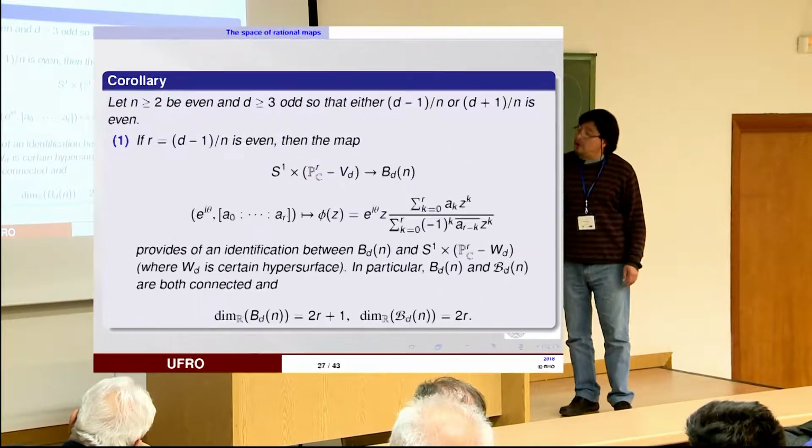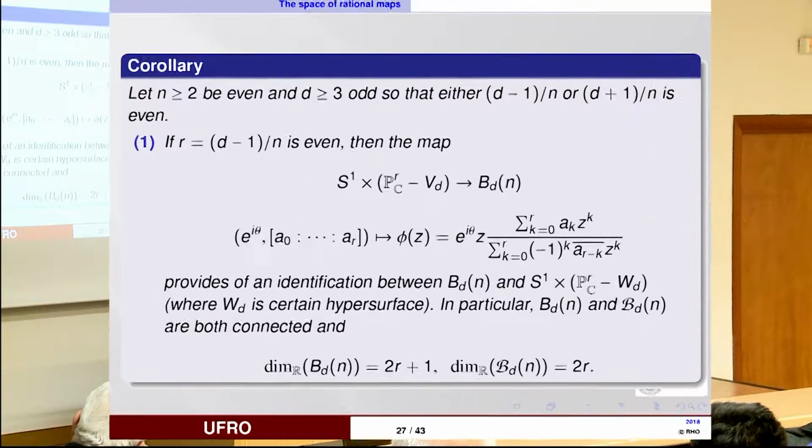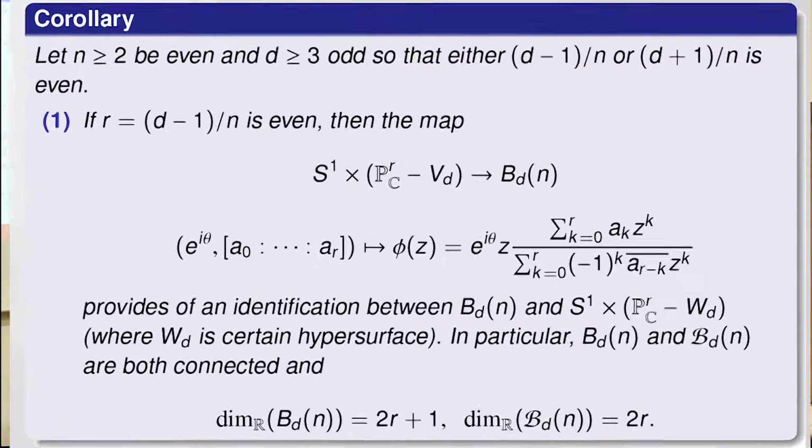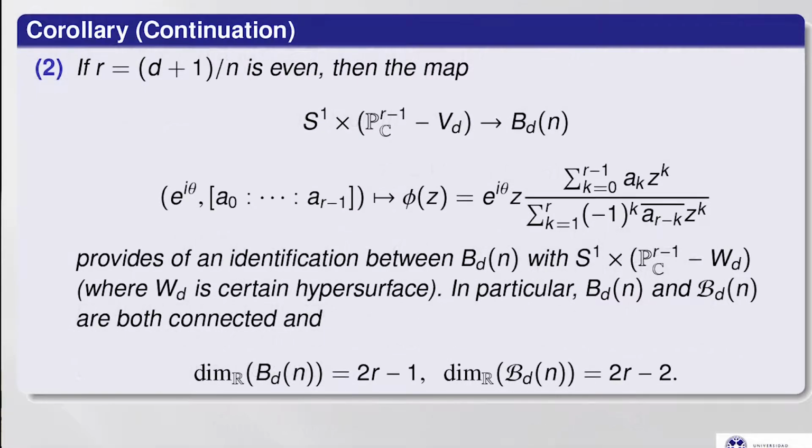So, as a corollary of this normal form, you can say that the space of rational maps in the rational space admitting an anti-holomorphic automorphism of order 2n is connected, and it's equivalent to a precise form because of the normal form of the rational map.